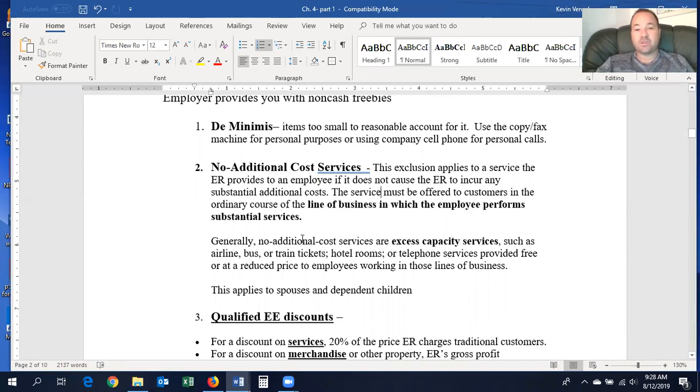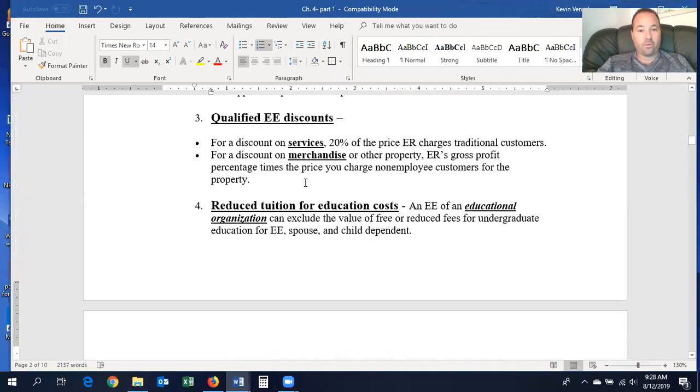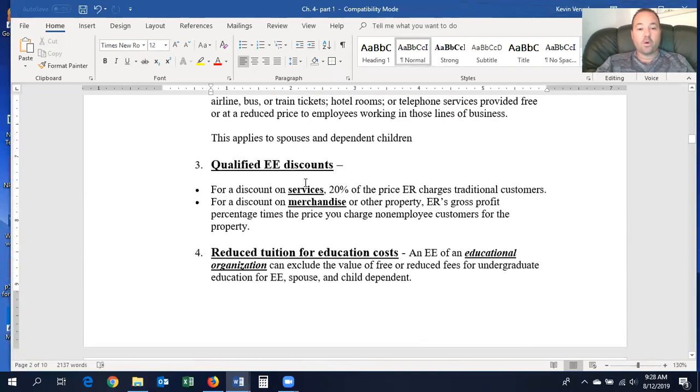But as long as it's within your own company and the company isn't going to lose money based on that, like they're not kicking out a paid customer, then it's considered a non-taxable fringe benefit. So that's a nice thing for tax purposes.